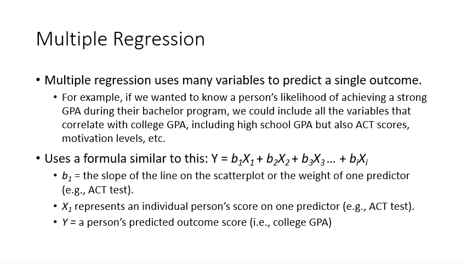And we can just continue adding all those up, each one its beta weight times the score, and add them all together, and we can predict someone's college grade point average. Not perfectly, just the odds that this person will get a grade point average according to the predictive model.